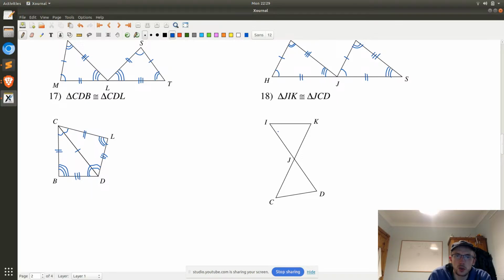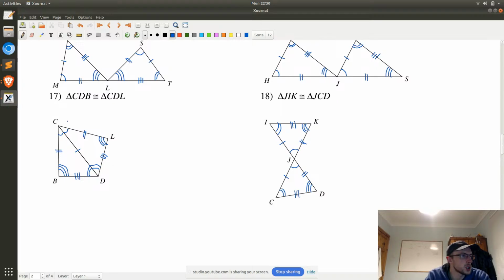And finally, triangle JIK is congruent to triangle JCD. So JIK is congruent to triangle JCD.